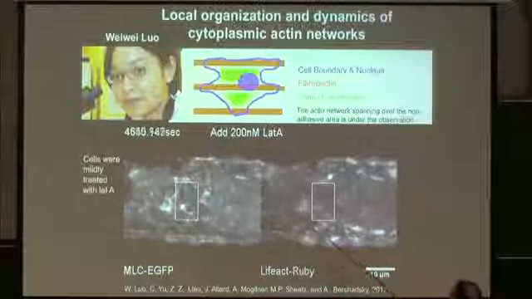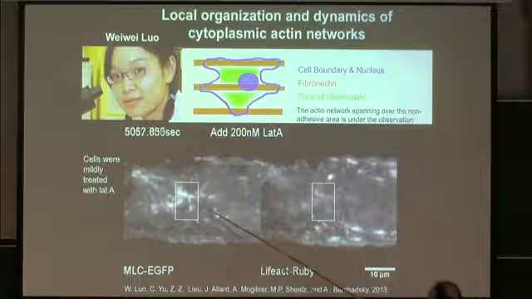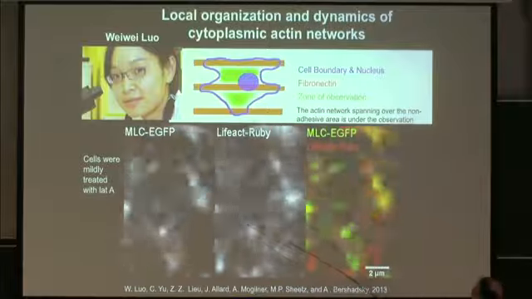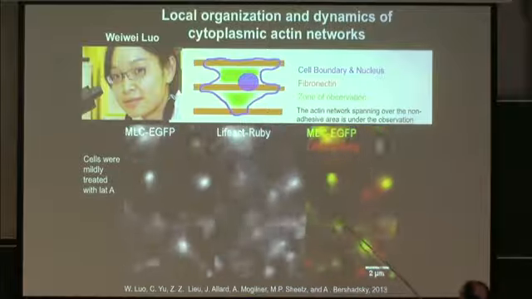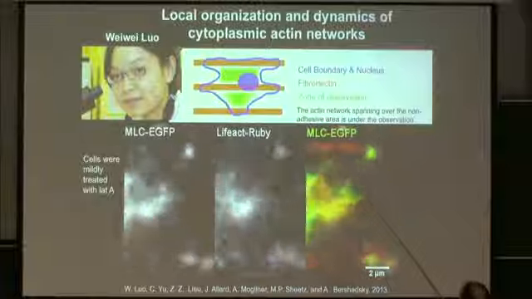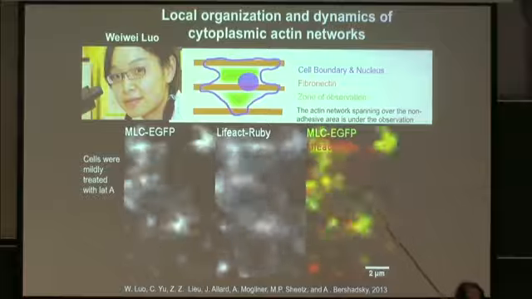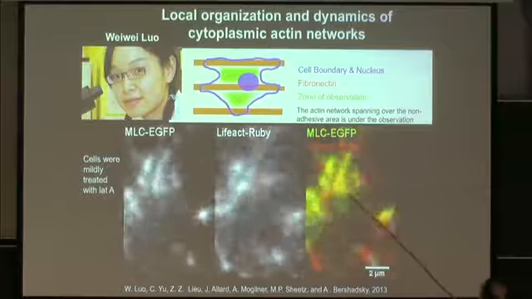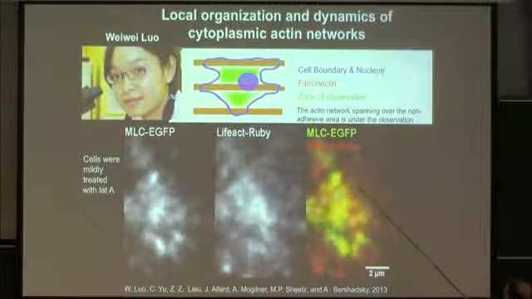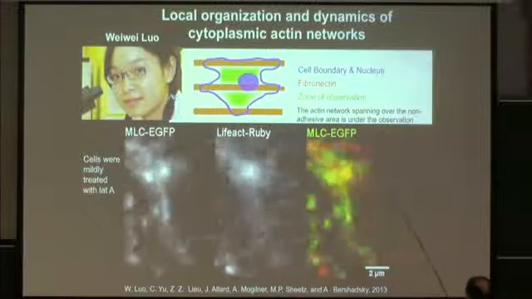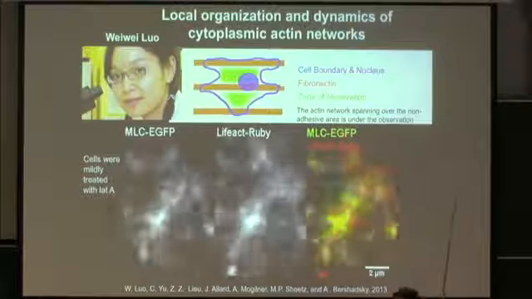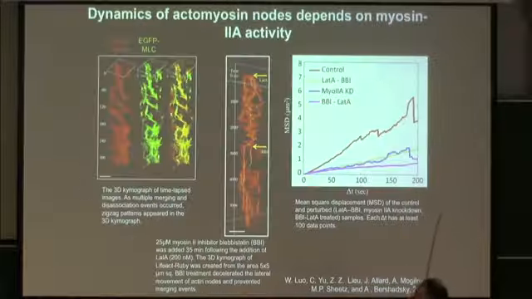At first, the actin and myosin do not coincide, but if you wait a little bit more, you will see that the more you wait, the more colocalization of actin and myosin there is. We can measure this movement.